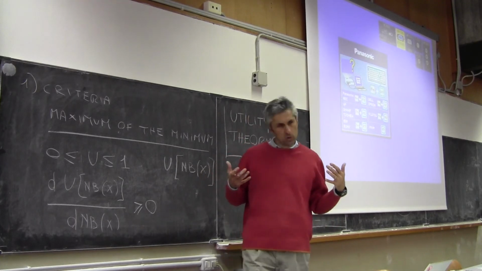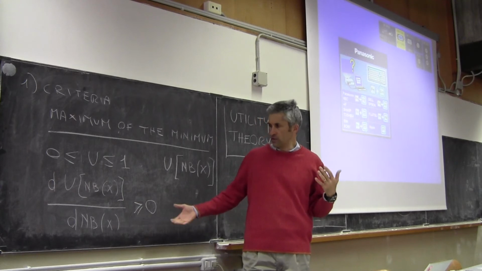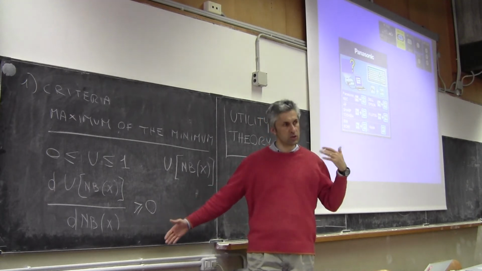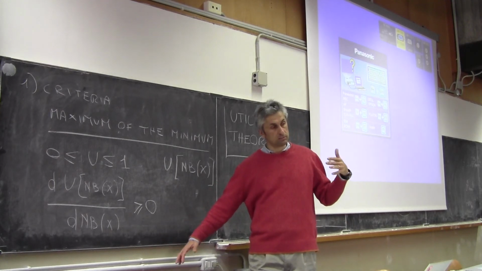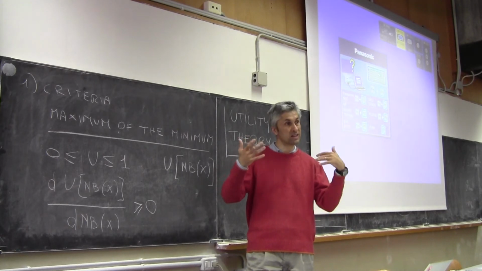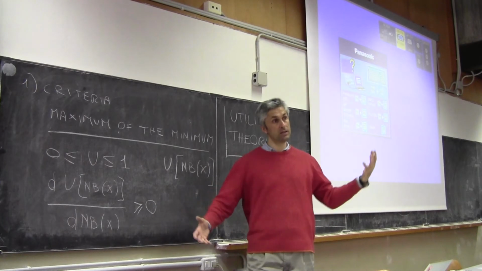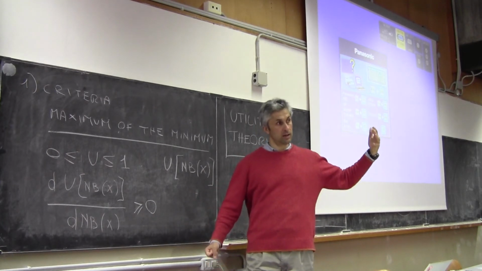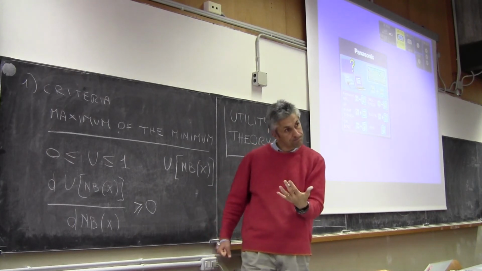Now, what can we understand already now? That, of course, the utility is an increasing function with respect to the benefit, but there are many different ways to increase. The utility can increase very rapidly for increasing benefit, or can increase very slowly.